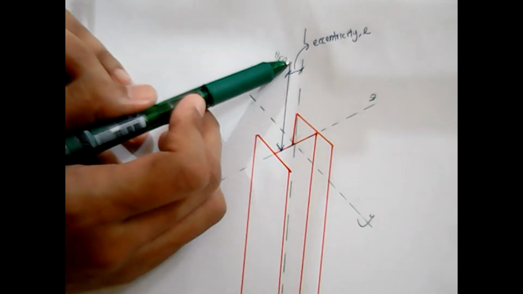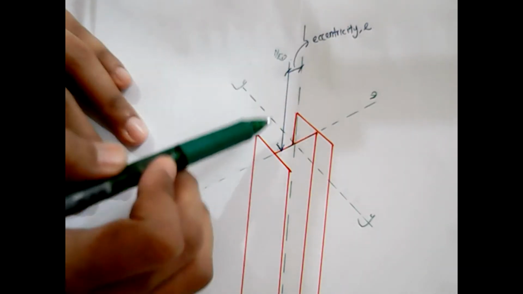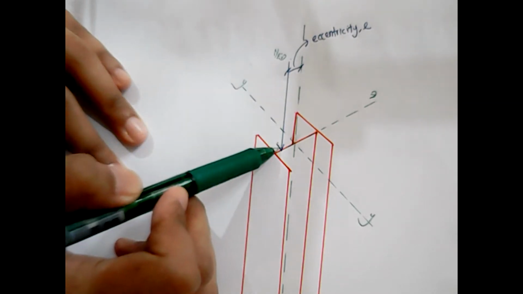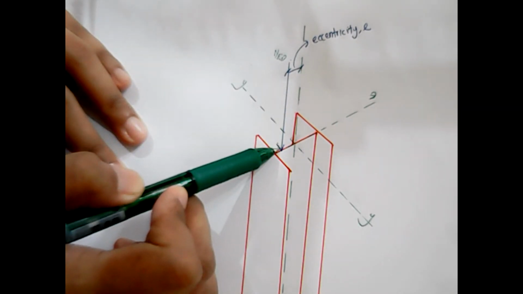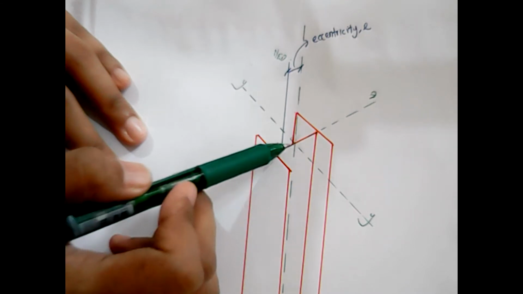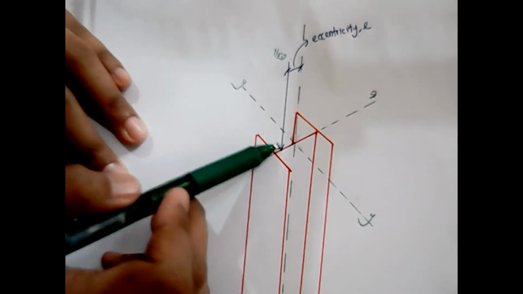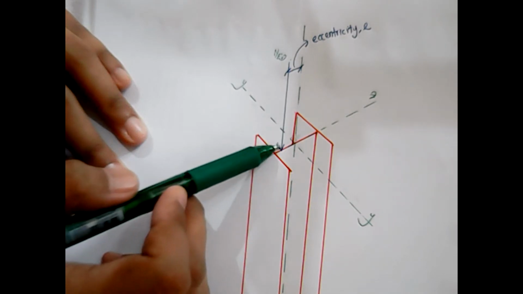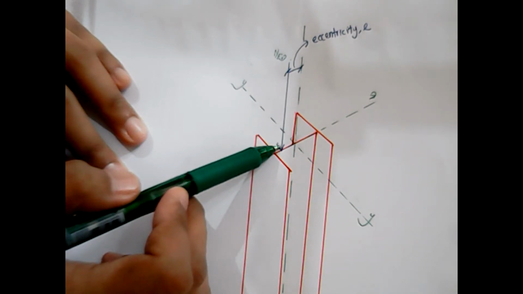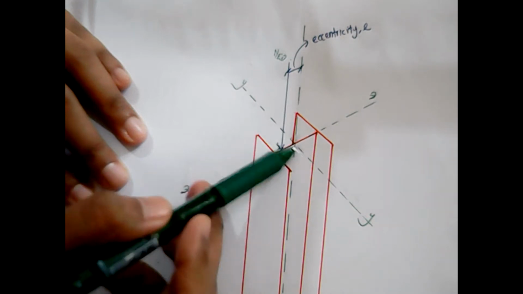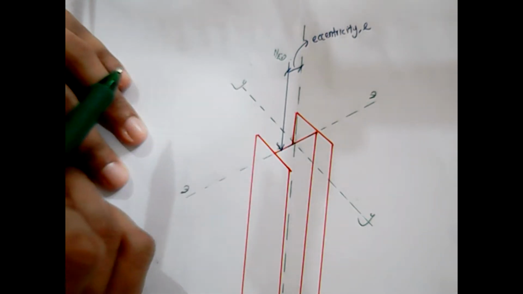So that is what we call the eccentricity. When the load is acting at a certain eccentricity distance to the centroid, the load is not concentrically loaded, hence this type of load will cause a moment about the y-axis.